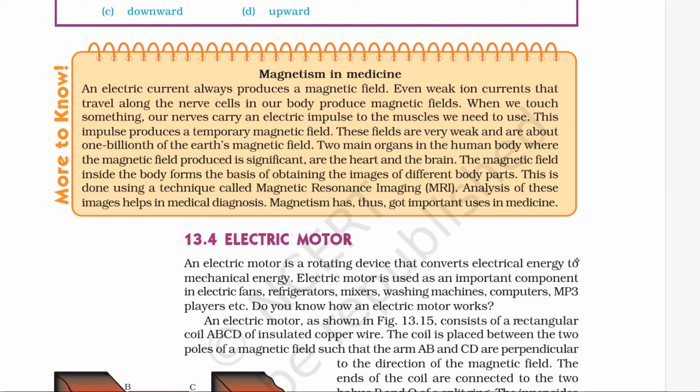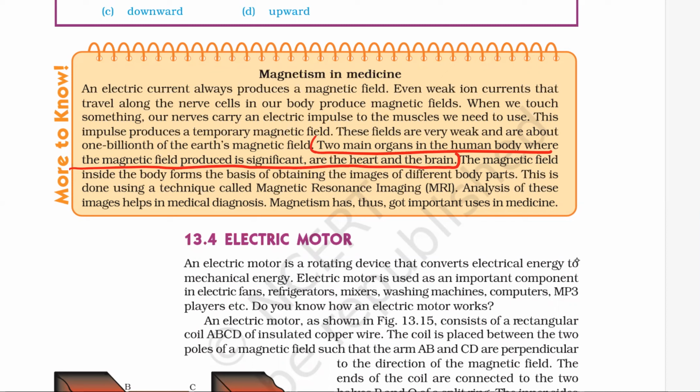This impulse produces a temporary magnetic field. These fields are very weak, about 1 billionth of the Earth's magnetic field. Two main organs in the human body where the magnetic field produced is significant are heart and brain.